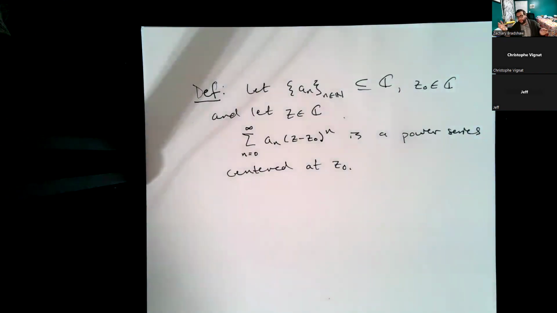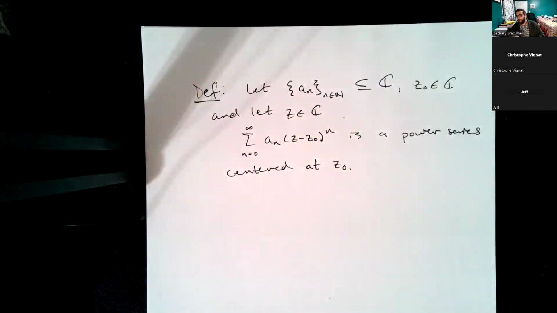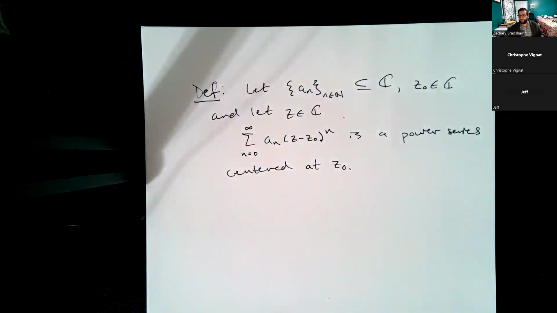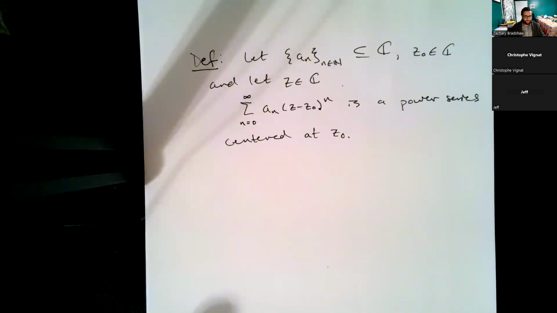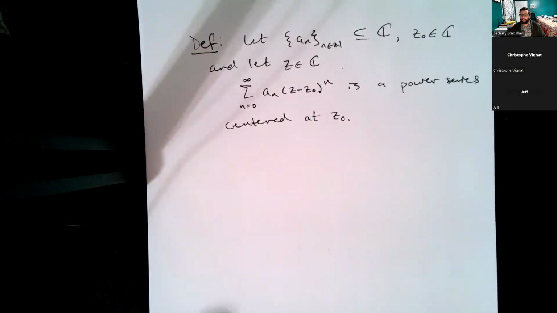So technically, I need to tell you what all the symbol means, right? I'm going to assume that we understand that infinite series are supposed to be the limit of the partial sums, right? And we understand all the analysis that goes along with that. So same thing happens here. We can define something called a power series, and this thing turns out to have some pretty interesting properties in complex analysis.